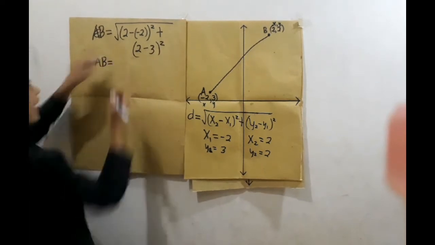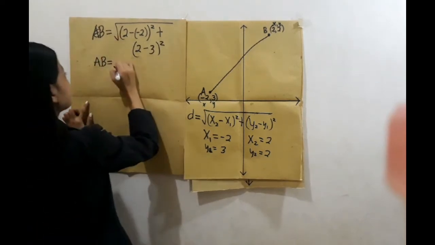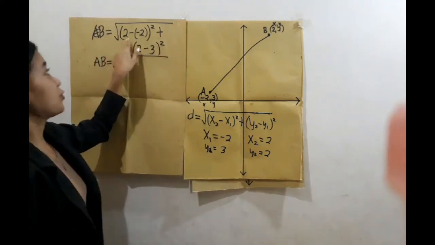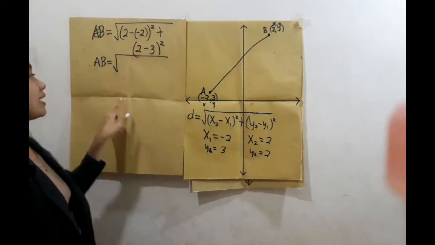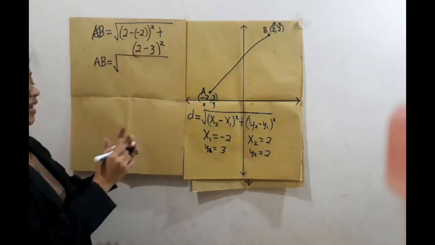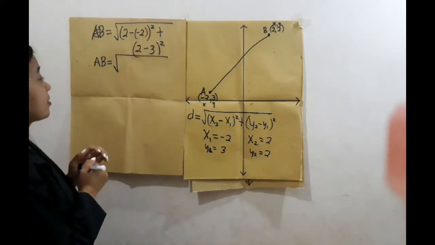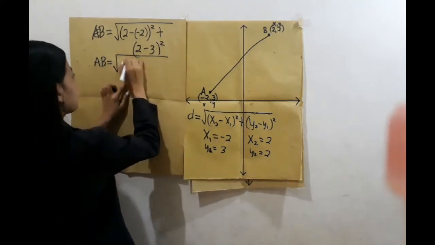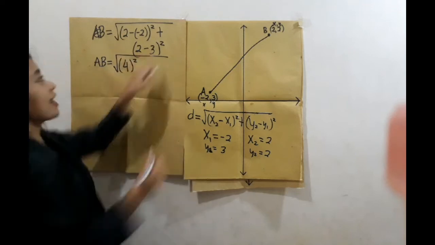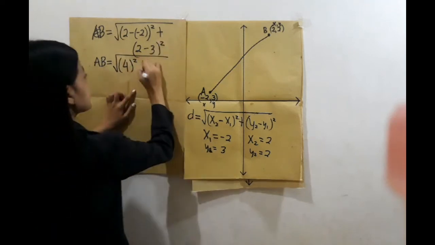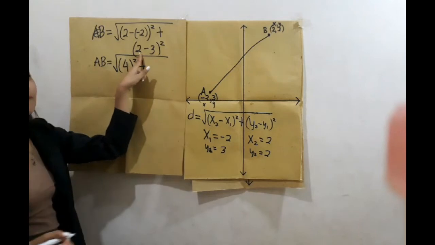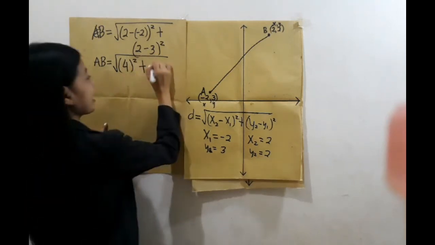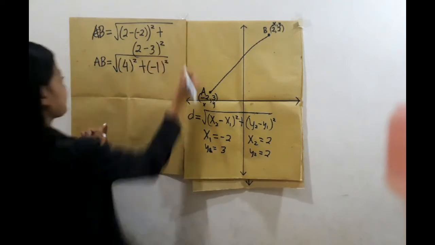Then proceed. Again, copy the radical sign, and positive 2 minus negative 2 becomes positive 4 squared. And then copy again the positive sign, and then 2 minus 3 is equal to negative 1 squared.